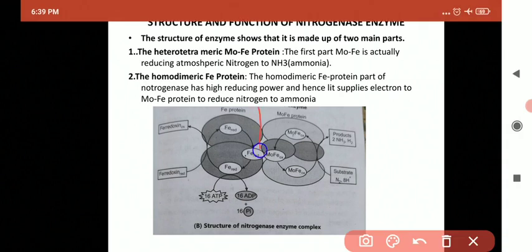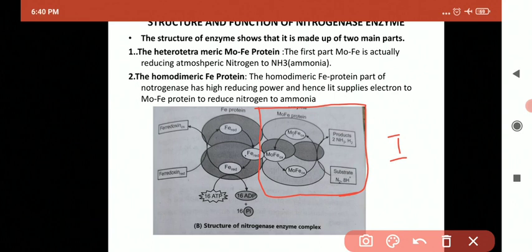Look here. This is the MoFe protein, or we can call it component 1. This component 1 also contains two iron-sulfur clusters known as P clusters, located at the interface between alpha and beta subunits, and two FeMo cofactors. Electrons from the Fe protein enter into the MoFe protein at the P cluster, which then transfers electrons to the FeMo cofactor.